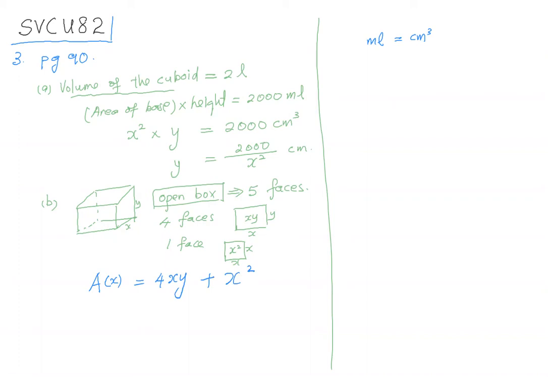But my answer must be all in terms of X, so I have to do something with this Y. I can get it from part A. So Y will be, from part A, 2000 over X squared. So I got the answer.